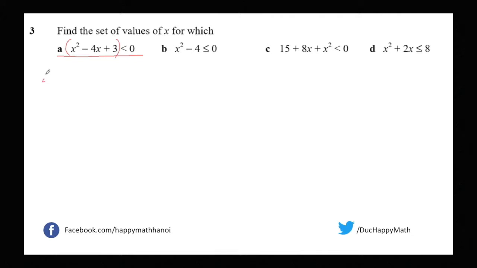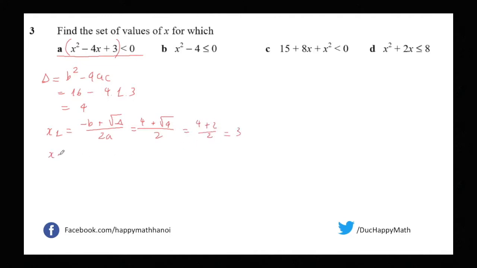This means you have to find delta. And maybe you remember the delta formula is b squared minus 4ac. In question A you have 16 minus 4ac, and that gives the delta. After that you get x1 equal to minus b plus the square root of delta, divided by 2a, so 4 plus 2 divided by 2 means 3.